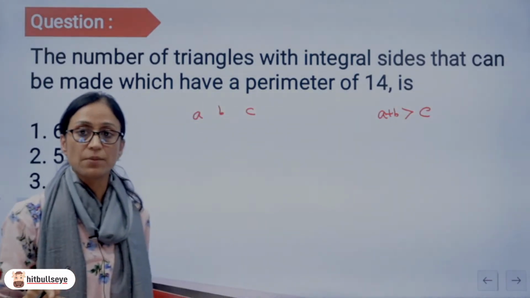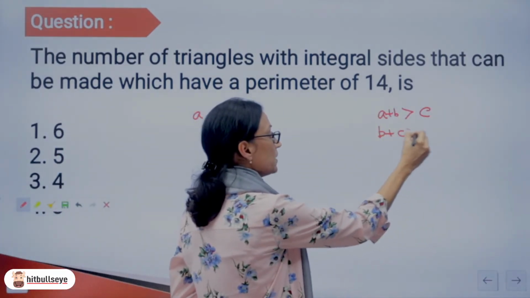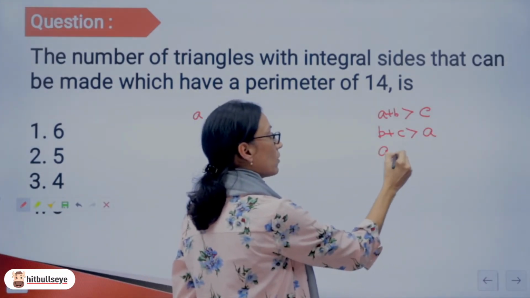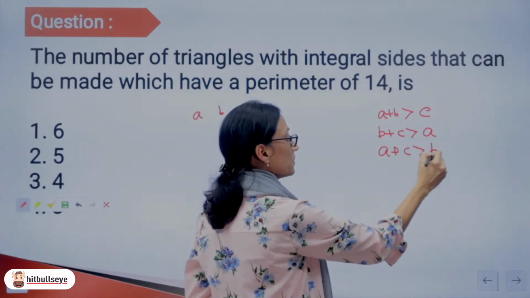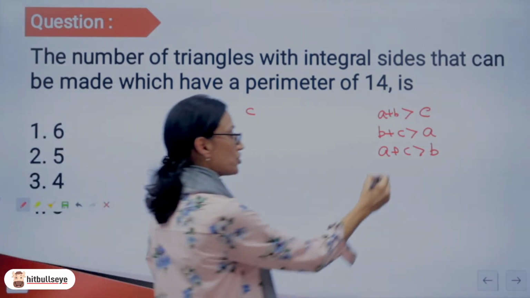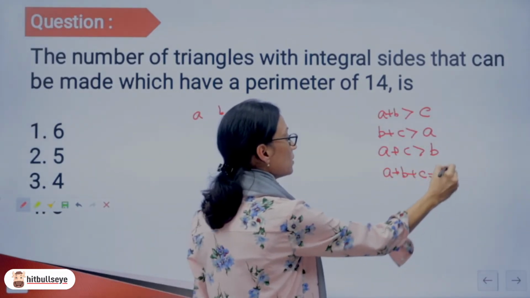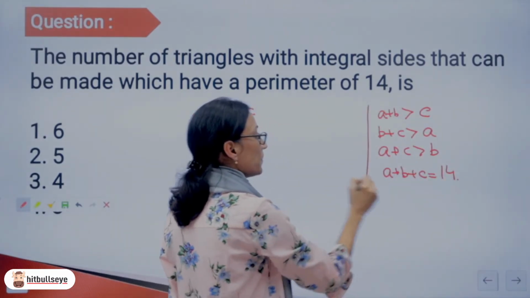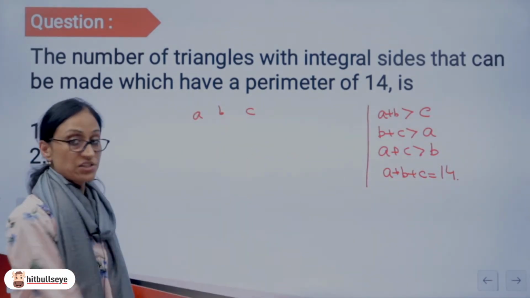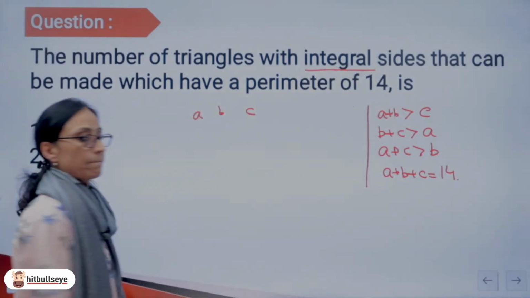Now, any is very important here. This rule is applicable for B plus C being more than A. This rule is also applicable for A plus C being more than B. Also, there is another condition provided in the question, that is the perimeter is 14. Keeping all this in mind, how many values can A, B and C take, and integers only.